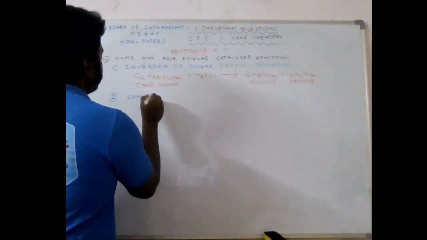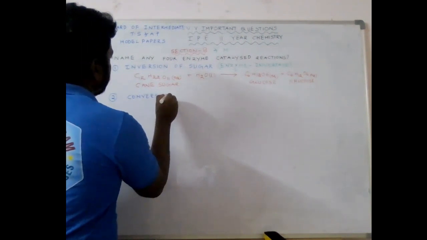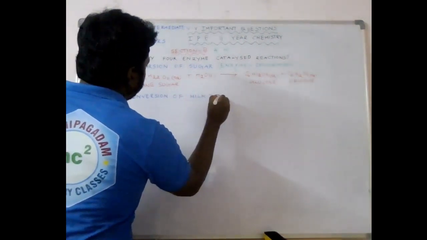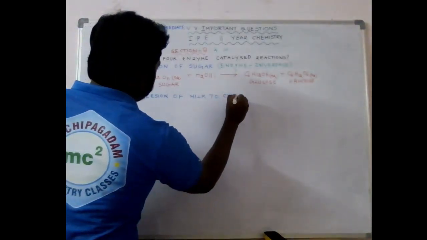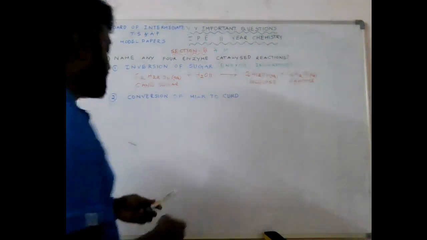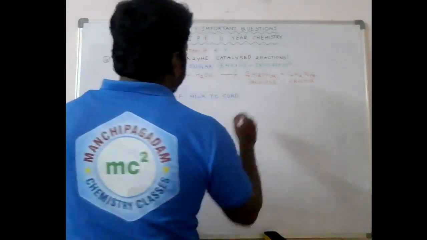Conversion of milk to curd. This is also one of the examples of enzyme catalyzed reactions. So which enzyme do we have to use here?